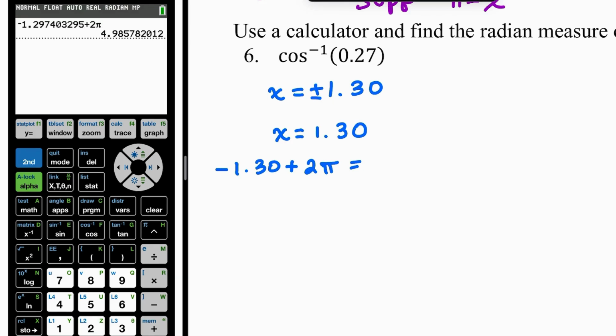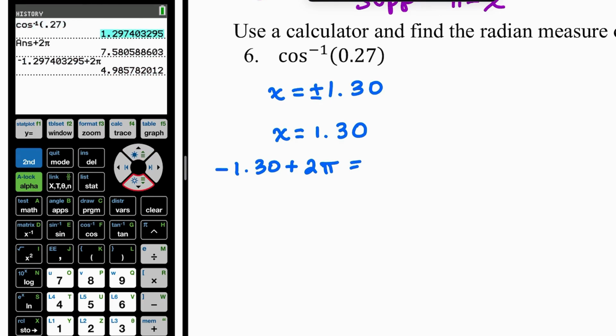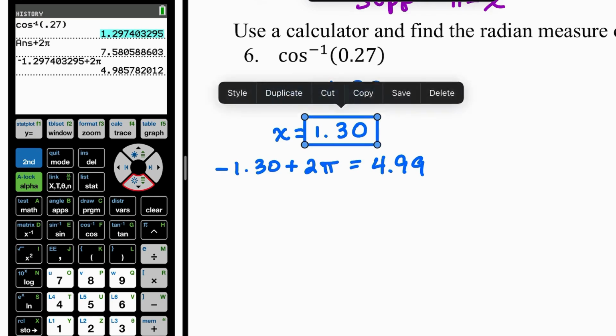Why did I go back there? Why did I figure out that I made a mistake? Well, 7.580, whatever that is, is bigger than 6.28. So I knew something was wrong. It was bigger than 2 pi. So I forgot to do the negative version of that and add 2 pi to that and end up now getting an answer that's 4.99. So those are our two answers, 1.30 and 4.99.